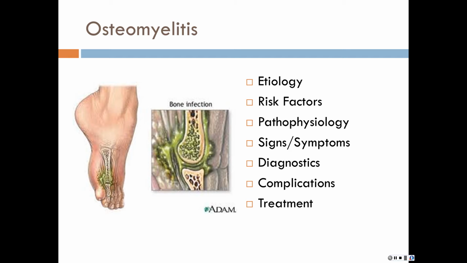Those are people with diabetes or peripheral vascular disease who can have a hard time getting blood supply to those areas to heal up a minor infection, which can turn into a major infection. Our signs and symptoms in children, a lot of times there's high fever and there's pain at the bone site.